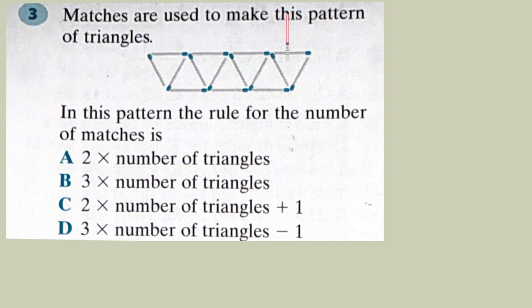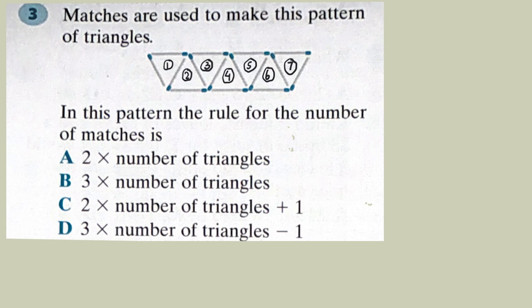Matches are used to make this pattern of triangles. In this pattern, you're to select which rule is the one that will describe the pattern for these triangles. You might want to count up every single match for the 7 triangles, but it'll be okay if you just choose maybe 3 triangles.